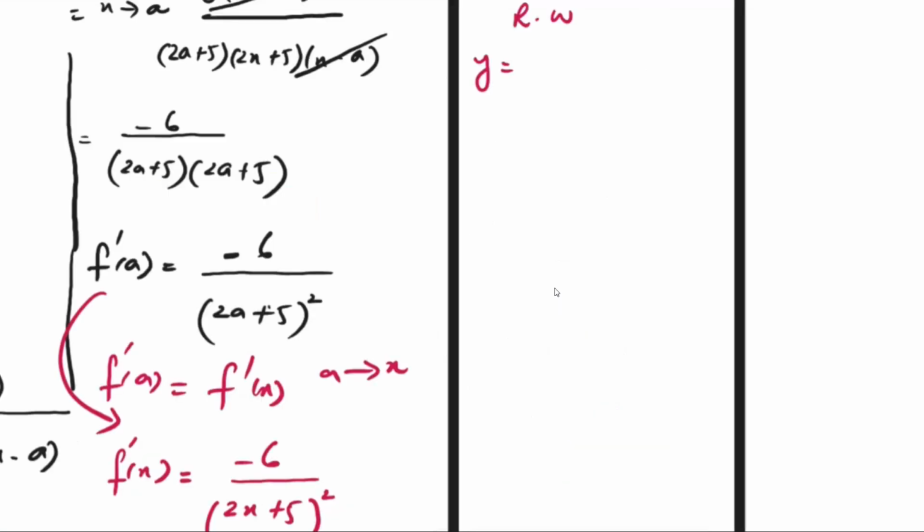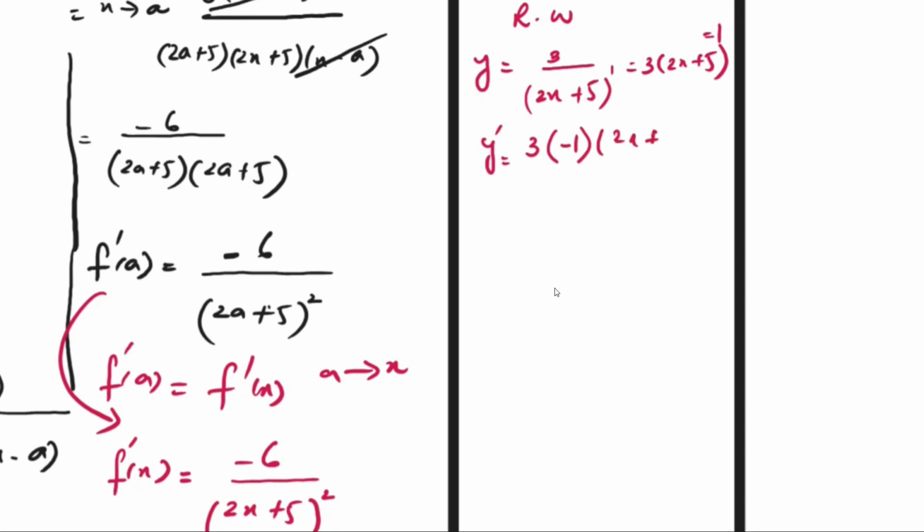Now the derivative of this function by using the formula: y is equal to 3 by 2x plus 5. So the derivative will be 3 and its power is 1, and we can write it as 2x plus 5 raised to the power minus 1. When the power goes from the denominator to the numerator, then it is negative 1. 3 and then the power comes out.